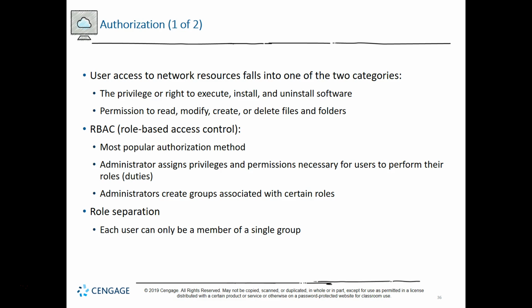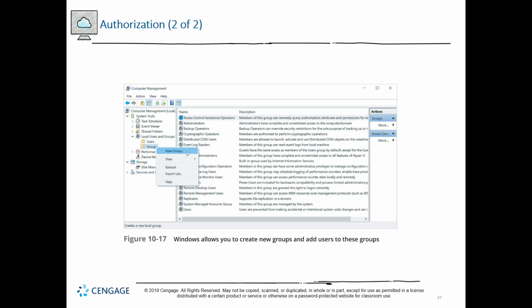Maybe they can install some software. All of those are inherited off of that role, and so we assign them a role-based network. So that looks like this, where we're assigning authorization based on that group.